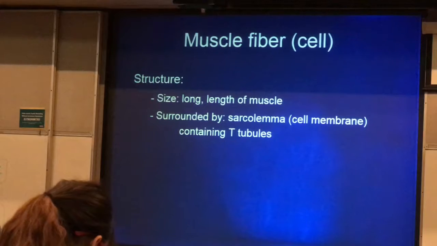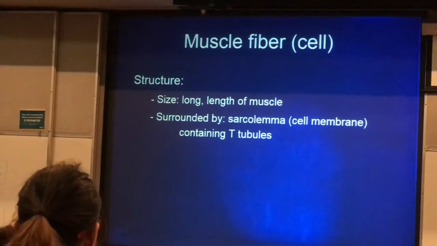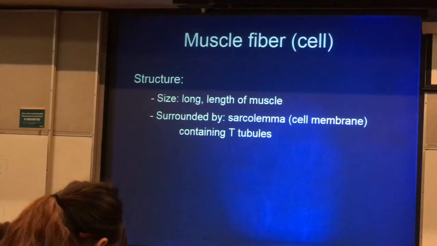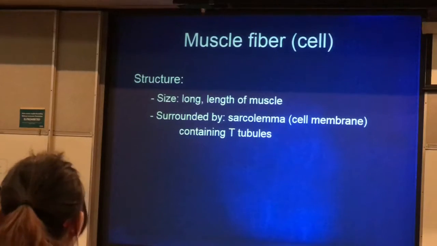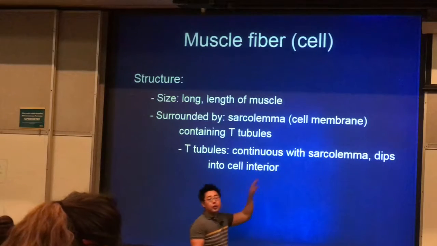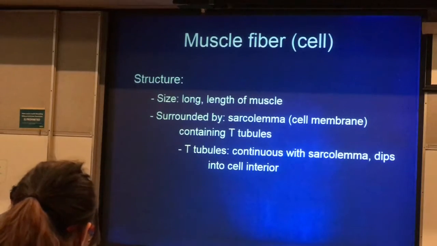So your muscle fiber's cell membrane is now called the sarcolemma. And they're going to contain these little dips in the sarcolemma called T-tubules. T-tubules are essentially transverse tubules, and they are continuous with the sarcolemma. They are dips into the interior of the cell.